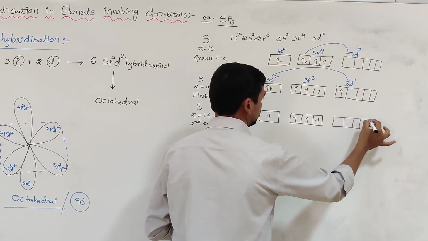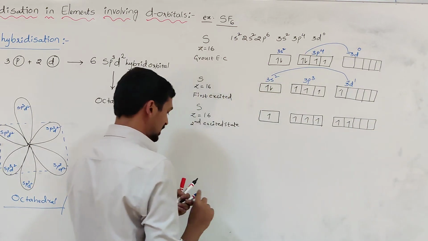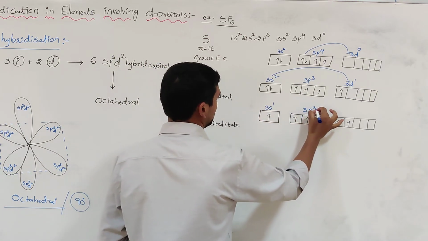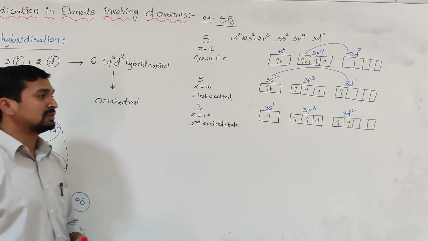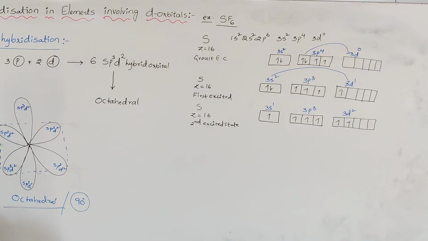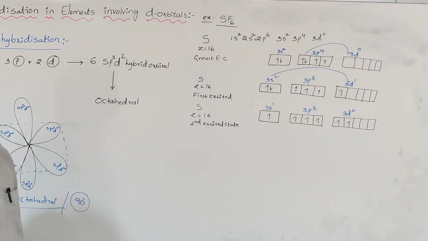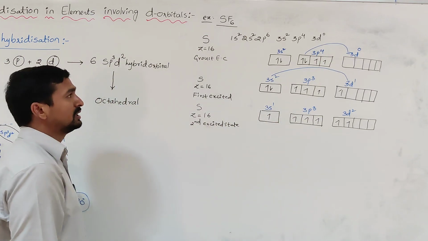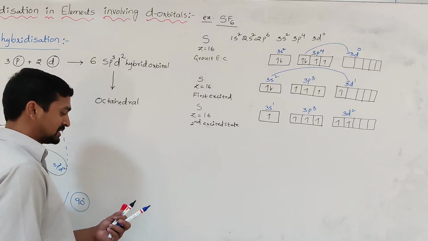Now one more d orbital is also filled with an electron. So now 3s1, 3p3, 3d2. Totally 6 atomic orbitals with half-filled electrons are present. This second excited state electronic configuration can account for the covalency of sulfur, that is 6.